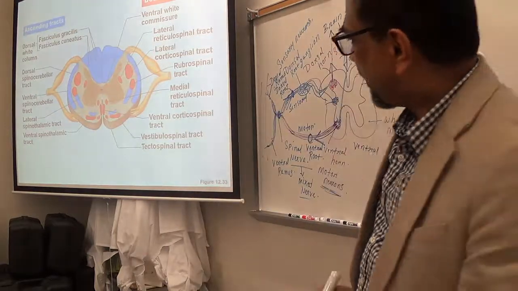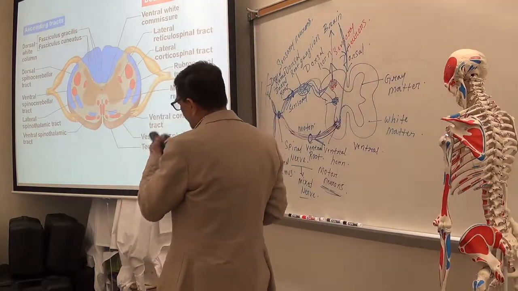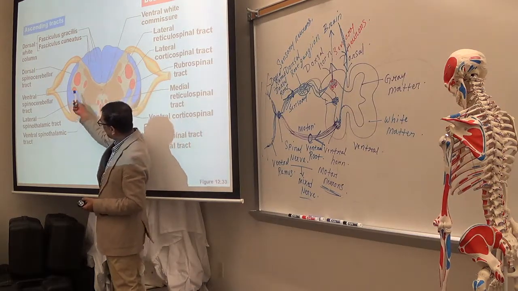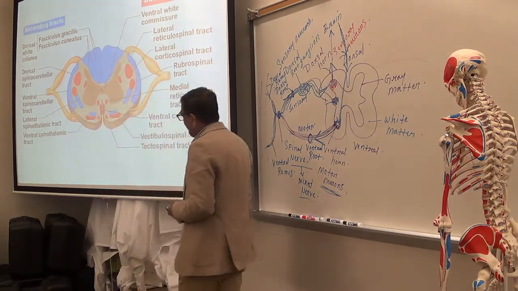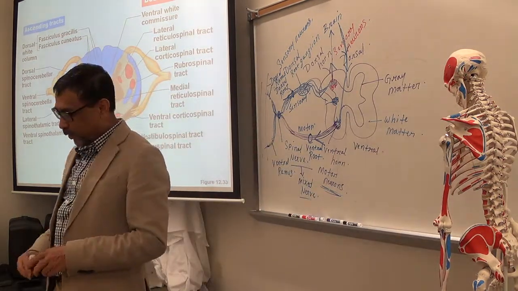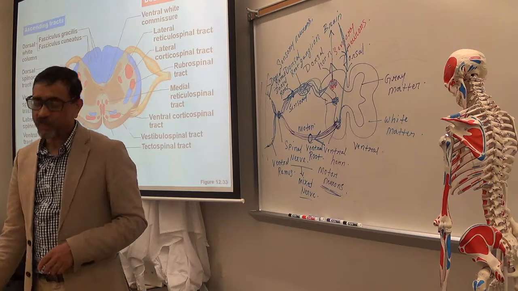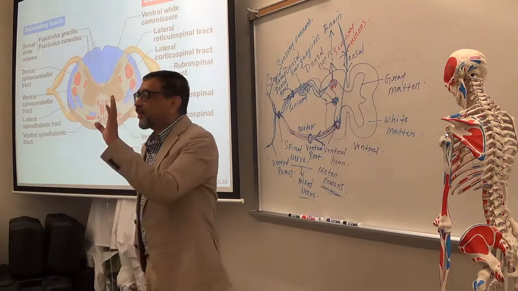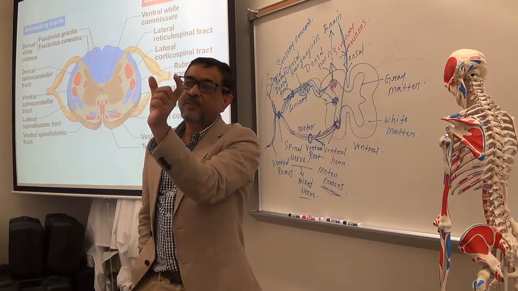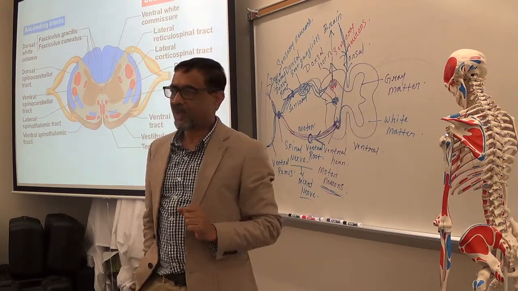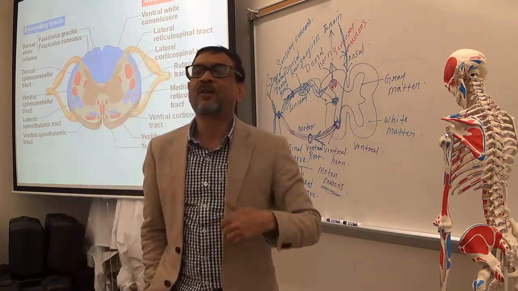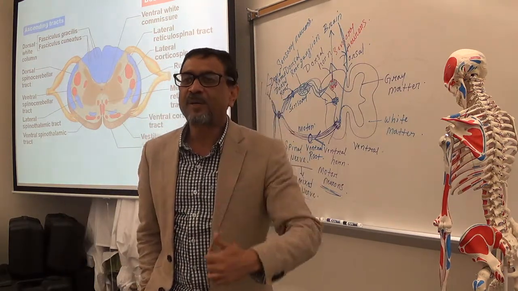Now, I'll just mention a few names of important tracts. First, one thing if you remember, it will be easy to know which one is sensory, which one is motor. Sensory tracts start with the word spino. Starts with what? Spino. Like spinothalamic, spinocerebellar.